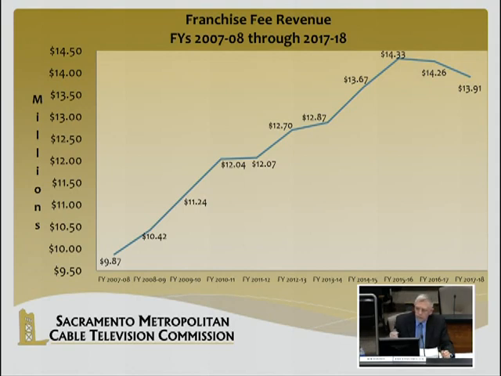So anyway, with that, I believe that the franchise fee revenue that we've projected for 18-19 is 13.75 million, which is certainly lower than what we got this year. But not knowing what the trends are showing, it's hard to say how that will come out.